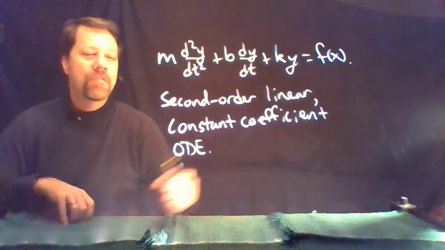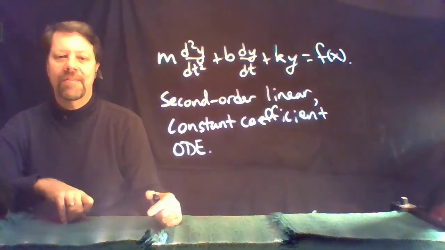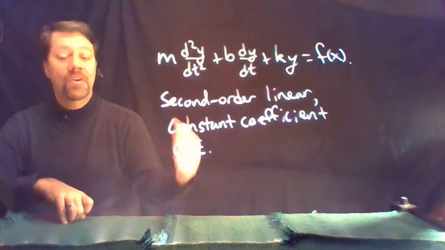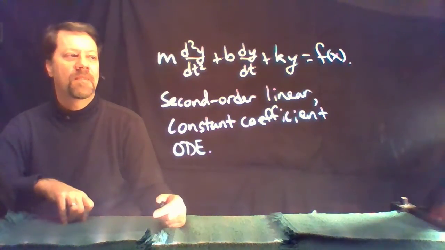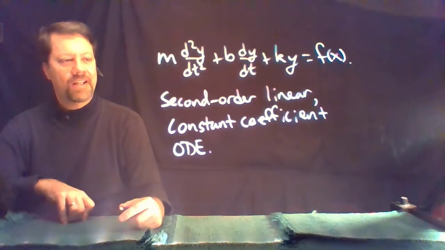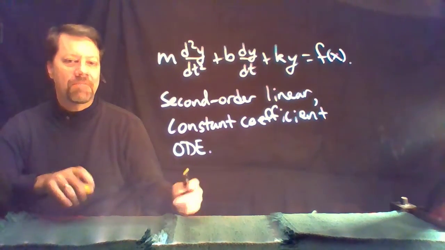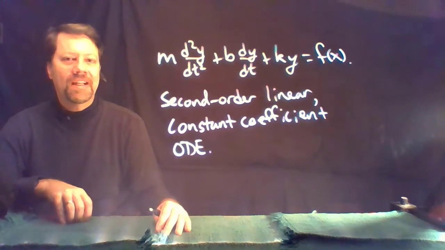If there is no forcing function over here, we might also add the adjective that this is homogeneous. But if the forcing function is not identically zero, then it is non-homogeneous. Adding all of these adjectives might seem frightening to begin with, but don't let it fool you.